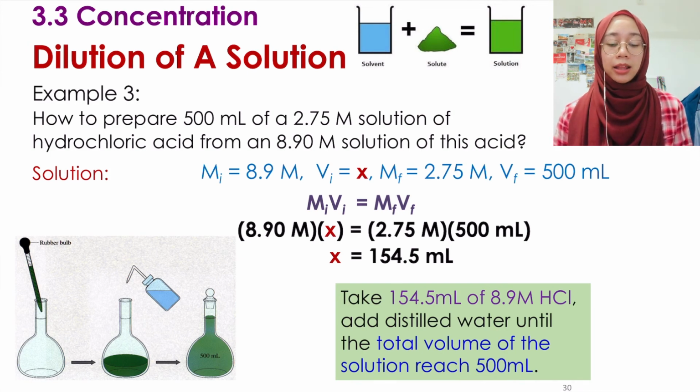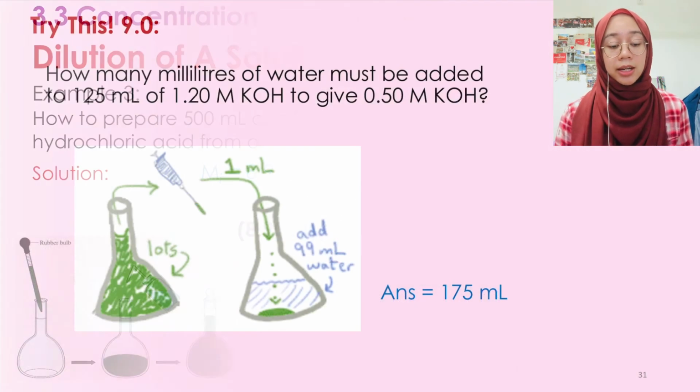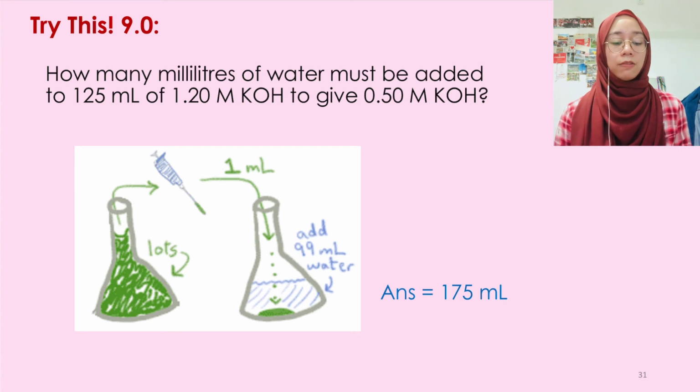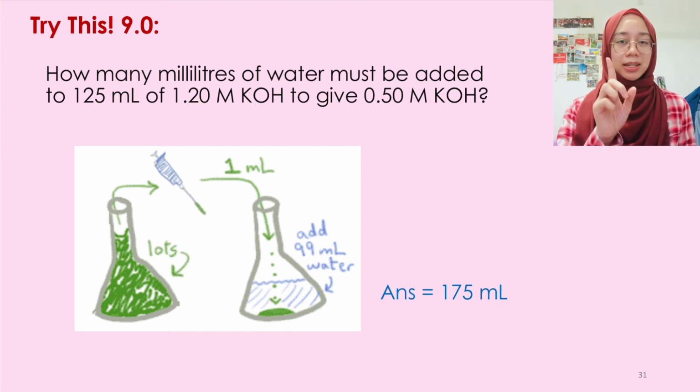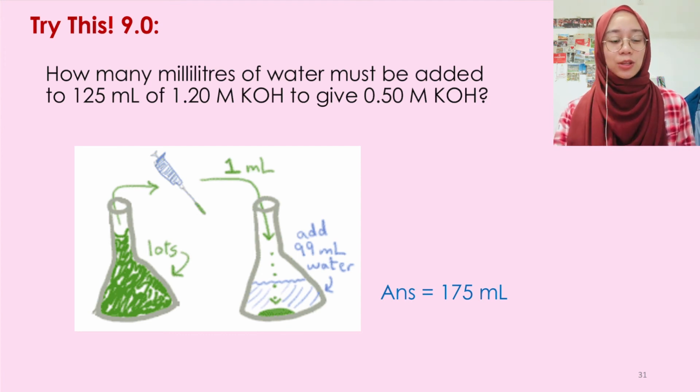Okay, and then I think now it's your turn lah untuk try. Okay, so how many milliliters of water must be added to 125 ml of 1.2 molar KOH to give 0.5 molar KOH. Okay, jadi dekat sini nanti kamu akan kena gunalah formula MIVI equals to MFVF. Tapi Miss nak tekankan satu lagi benda.